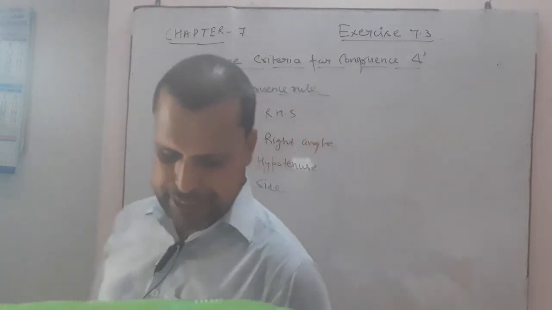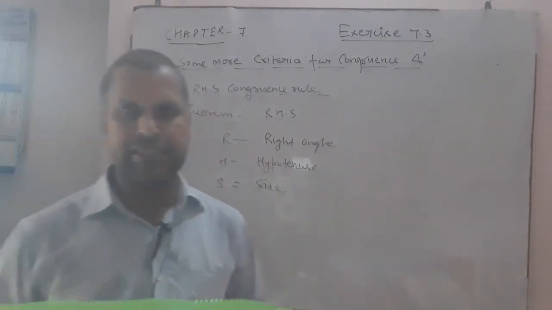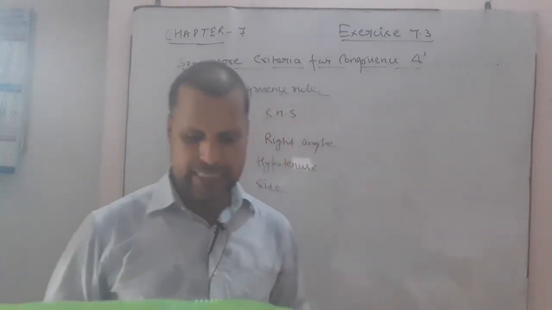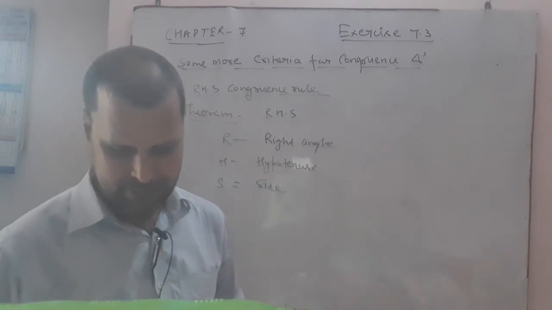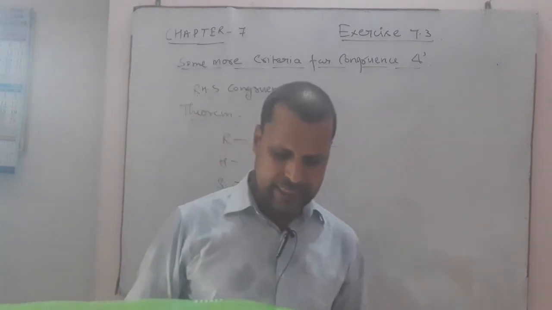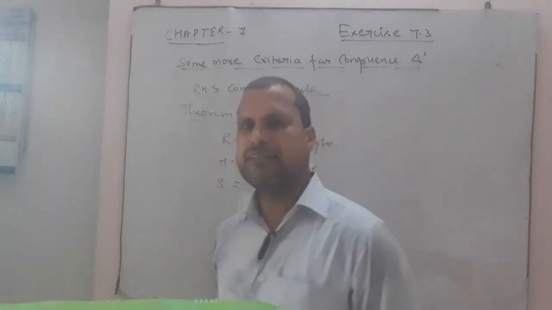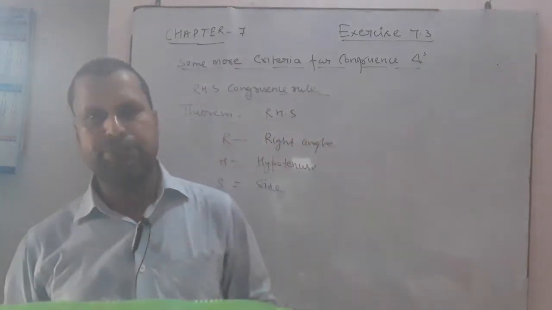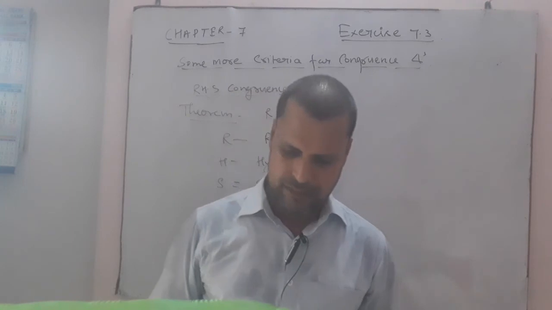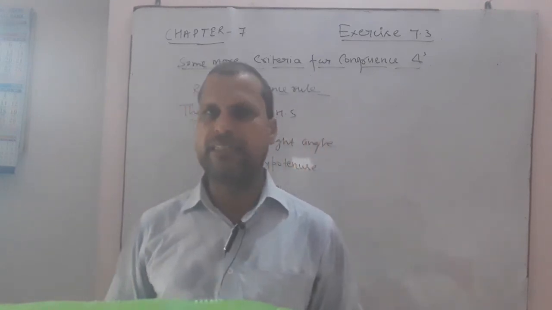With the help of these two congruency rules, we can solve exercise 7.3. In this exercise, there are only 5 questions. In the next class, I will explain the questions of this exercise.